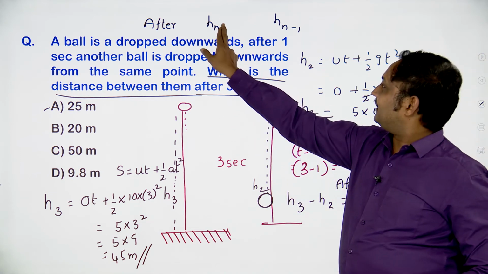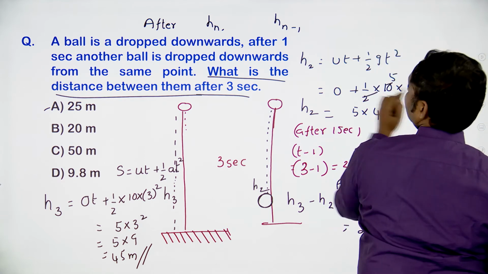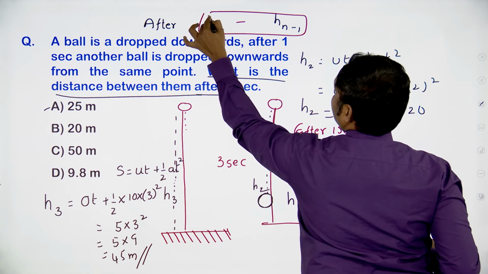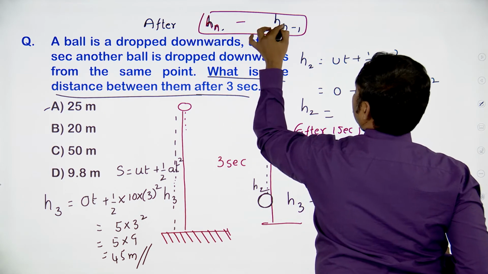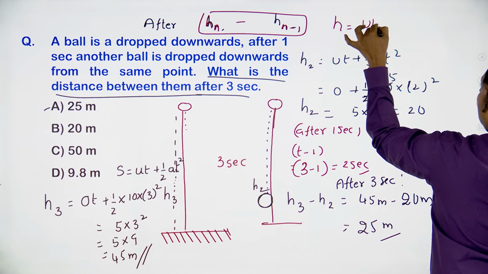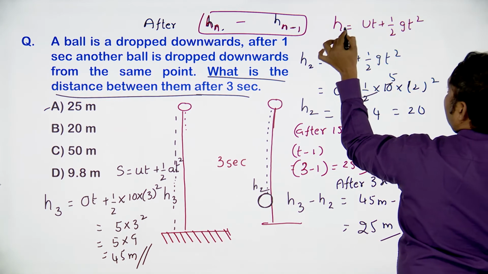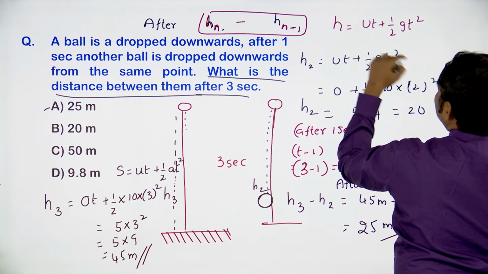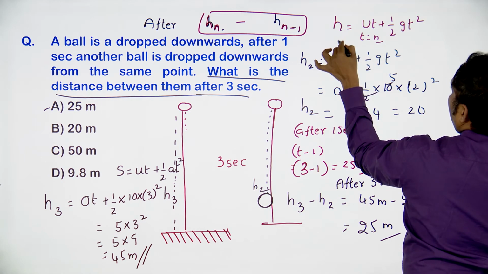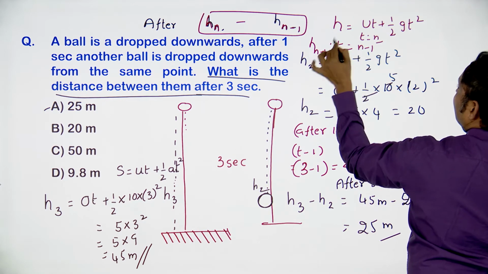It's hn minus hn minus 1. This is very important for you. If you want to get that, h is equal to ut plus half gt square. In the place of t, you have to put t is equal to n, and t is equal to n minus 1, to get hn minus 1.